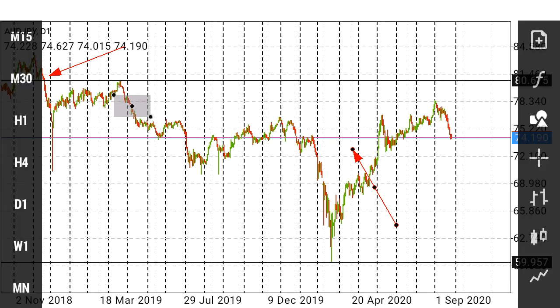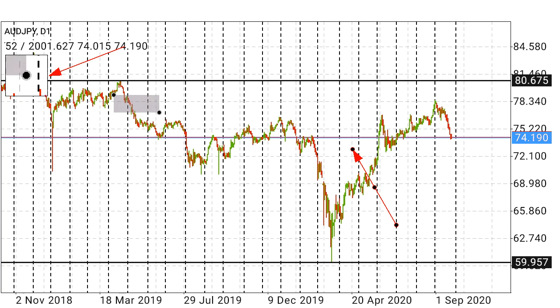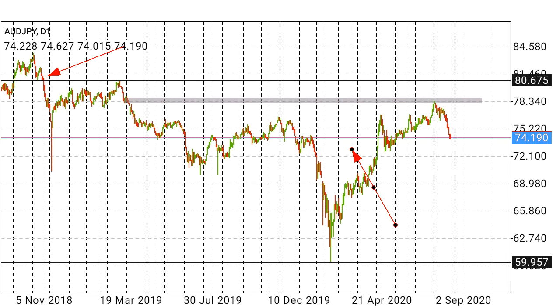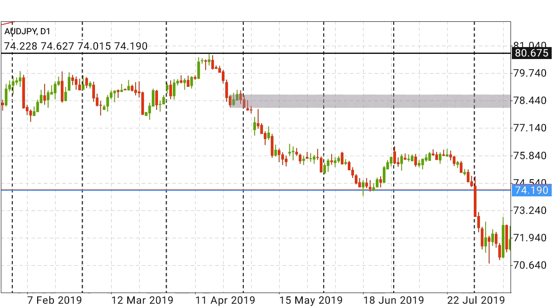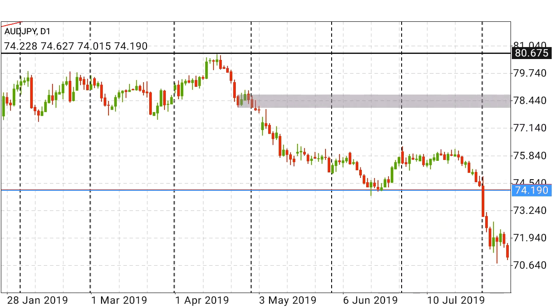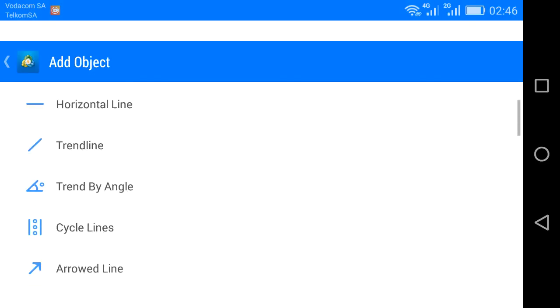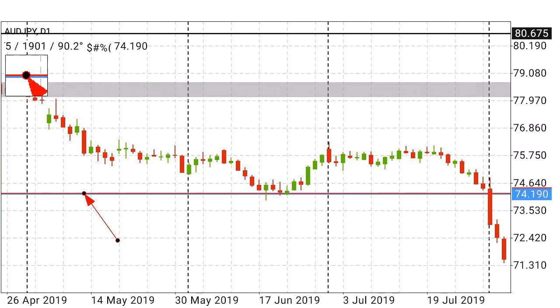We have a supply and demand here. I don't know if you'll see what I'm talking about. Let me just zoom in. See here.